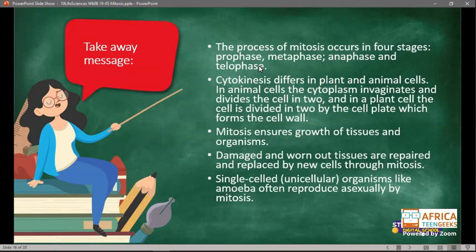And then the functions of mitosis, it ensures growth of tissues and organisms, and damaged and worn out tissues are repaired and replaced by new cells through mitosis. And lastly, single-celled or unicellular organisms like the amoeba often reproduce asexually on its own. So it reproduces on its own.